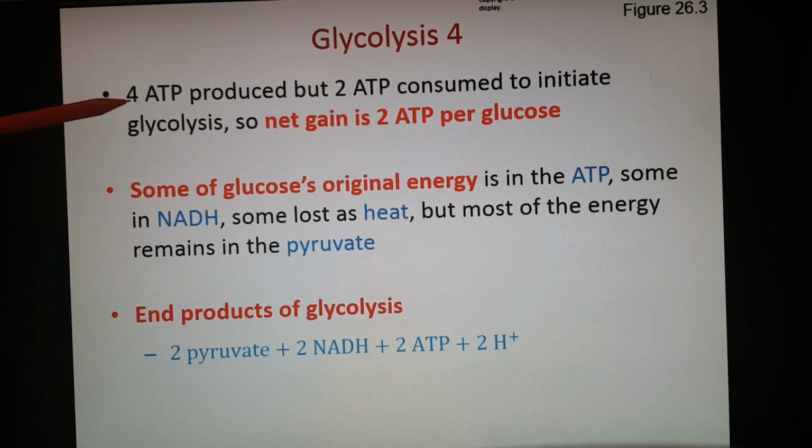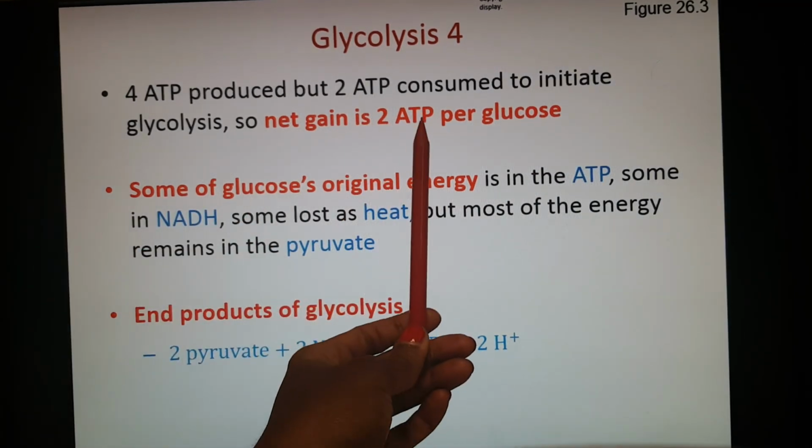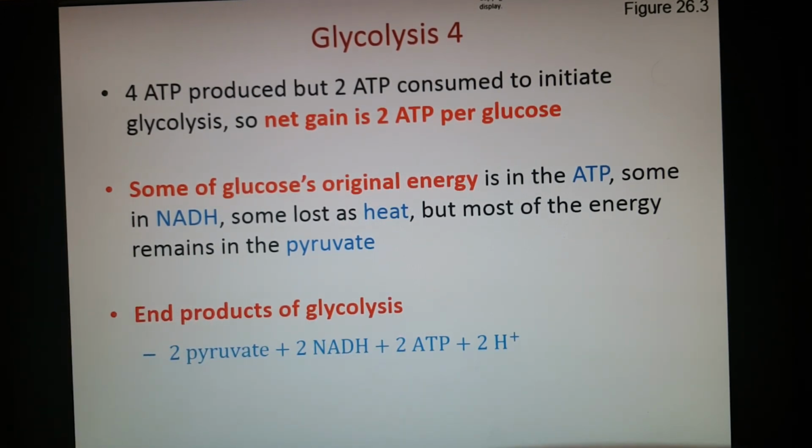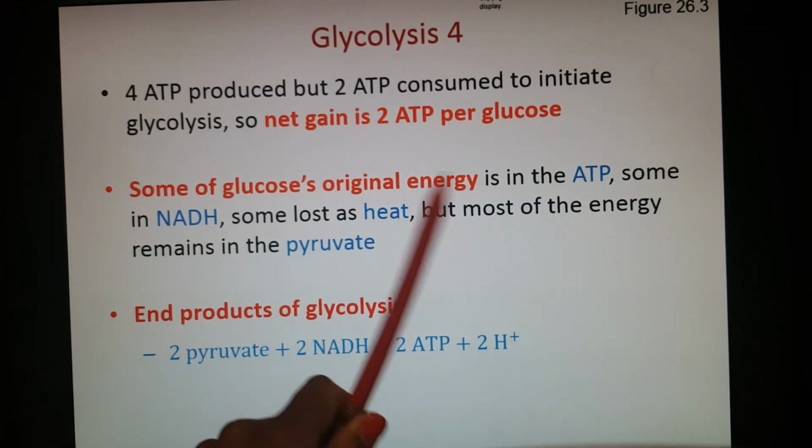Okay, so here it is in text. So although 4 ATP molecules are produced, the net gain is only 2 ATP molecules because you use 2 during the process of glycolysis. So with glycolysis, some of the energy is in the ATP that's created, and some is in the NADH molecule, some is lost as heat.